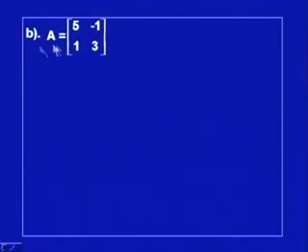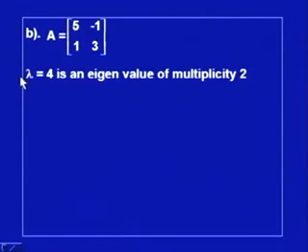But if we consider the second problem consisting of a 2 by 2 matrix, then we had already observed that lambda equal to 4 is an eigenvalue of multiplicity 2. This I have done in one of my earlier lectures, or you can take it again as an exercise and check that lambda equal to 4 is an eigenvalue of multiplicity 2.